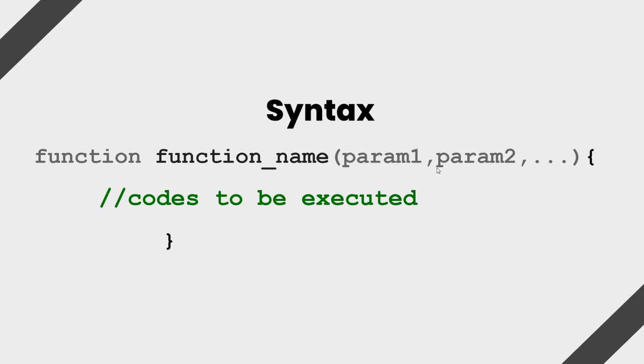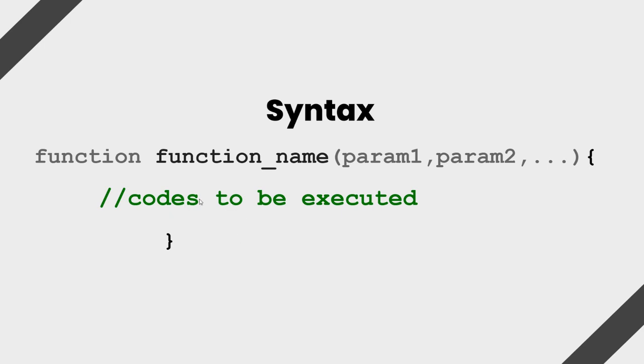Now, I said before that these parameters are optional, they are not compulsory, but what you want to do with the function will depend on whether you need a parameter or not. And lastly, in this syntax, we have the curly braces, and in between the curly braces we have the code to be executed.